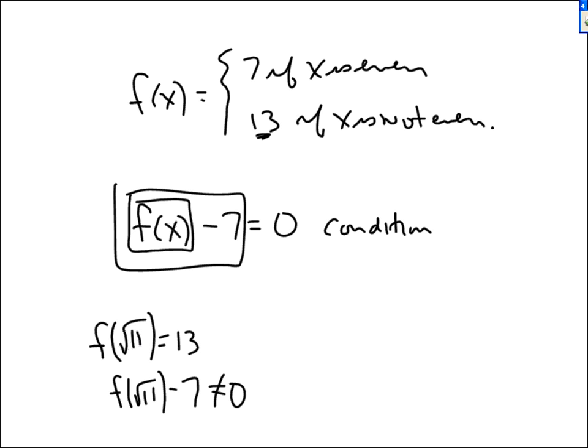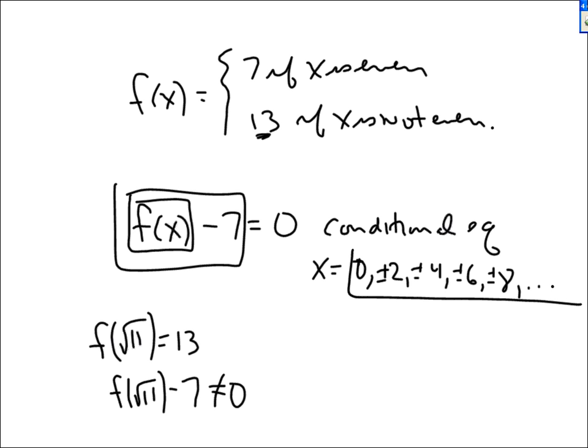What's the condition? x is even: 0, plus minus 2, plus minus 4, plus minus 6, plus minus 8, forever. There's an infinite number of numbers, but it's not all of them. It's conditional. It's under some condition. It's not always true. So I was thinking it had to be finite. But no, there can be an infinite number of solutions. It's just not all of them.